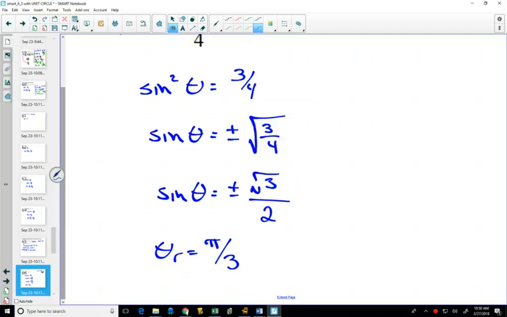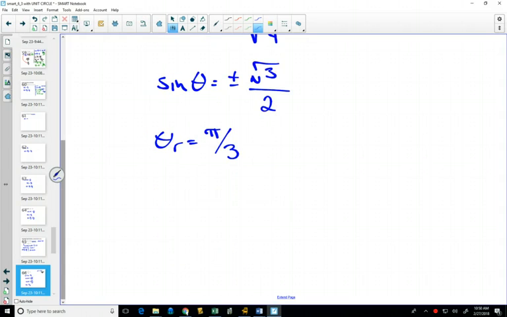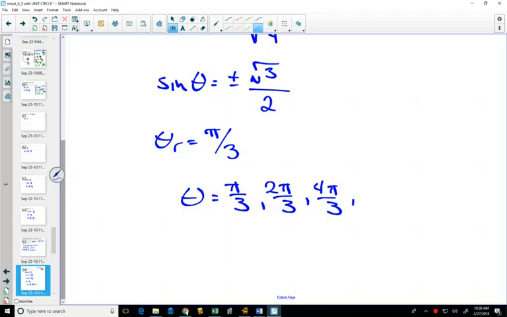And because we have the plus or the minus, it's where sign is positive or where sign is negative. And so we have all 4 quadrants. And so we have every single family member. We can call this like a family gathering or something. Every part of the pi over 3 family is in this answer.